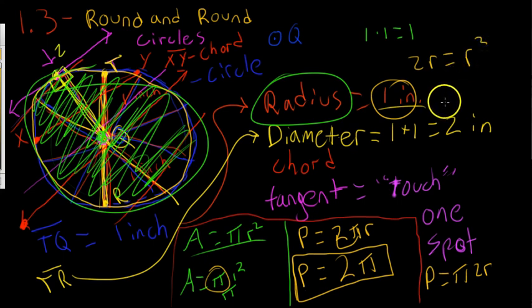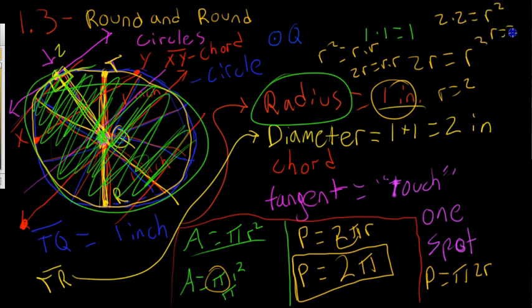What would the r have to be in a circle where the perimeter and the area were the same? r would be 2, right? Because then r squared is the same thing as r times r, while 2r is the same thing as 2 times r. So 2 times 2 would have to be r squared, while r would have to be 2. So that's just an interesting thing that you may encounter later on, but that's the video on circles.